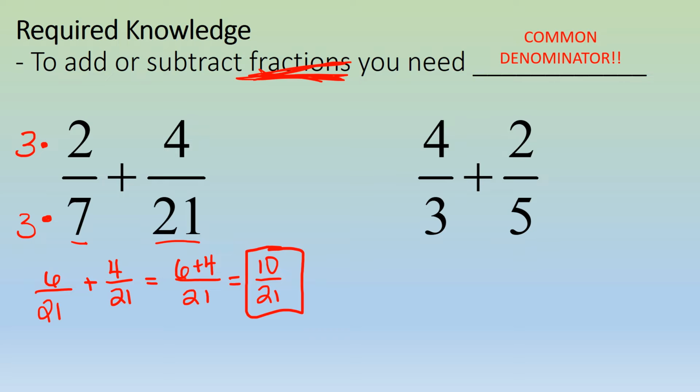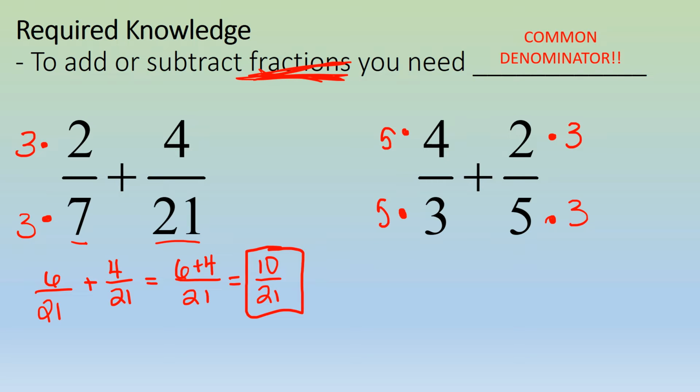Okay, now let's try 4 over 3 plus 2 over 5. So now we can't multiply anything to get from a 3 to a 5 or from a 5 to a 3, but we can multiply both of them. We could multiply this by 5 to get to 15, and we could multiply this by 3 to get to 15.